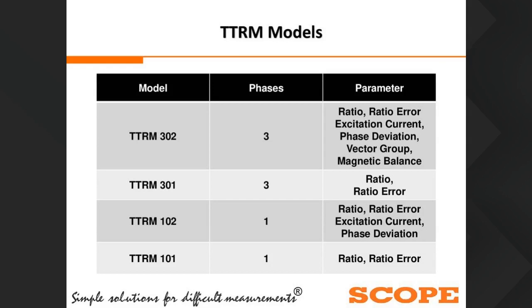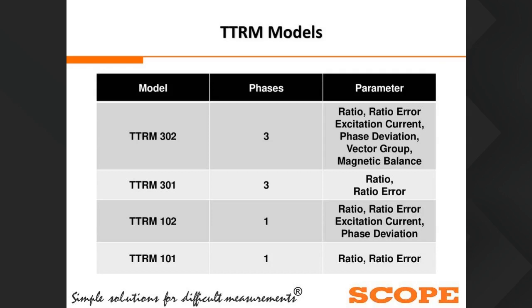TTRM 302 covers single phase as well as 3-phase transformers, and TTRM 101 and 102 are only for single phase transformers.